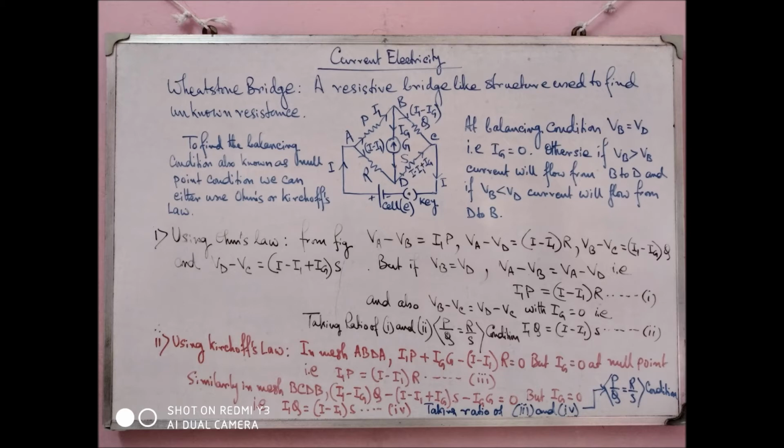We know that is a bridge. But how can resistance make a bridge? Is it possible? The answer is yes. This bridge is not like the civil architecture, but the circuit looks like a bridge.